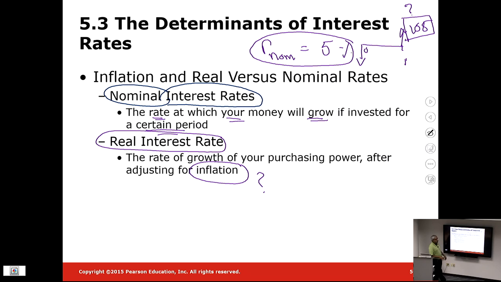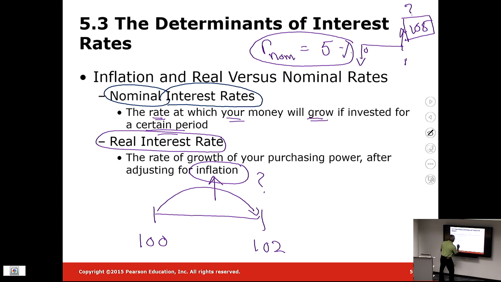So when the price of the basket of goods increases over time, that growth in price is inflation. Stated another way, if a basket of goods costs you $100 today, and that same basket of goods costs you $102 a year from now, then inflation over that period, inflation I, is about 2%.